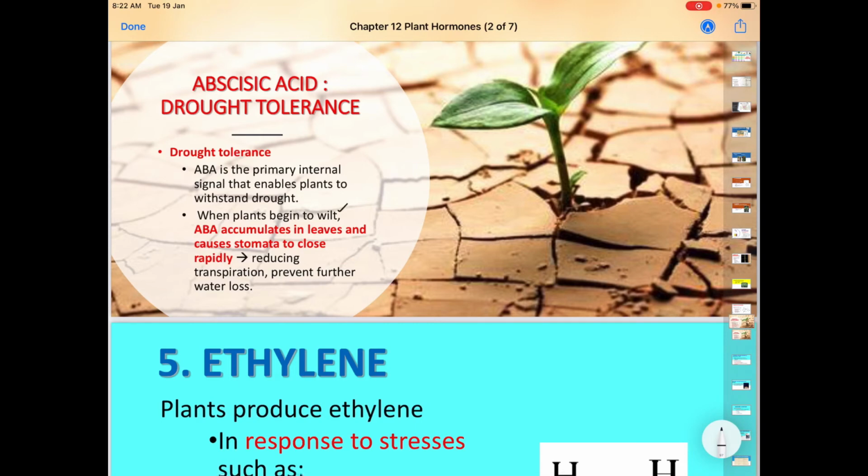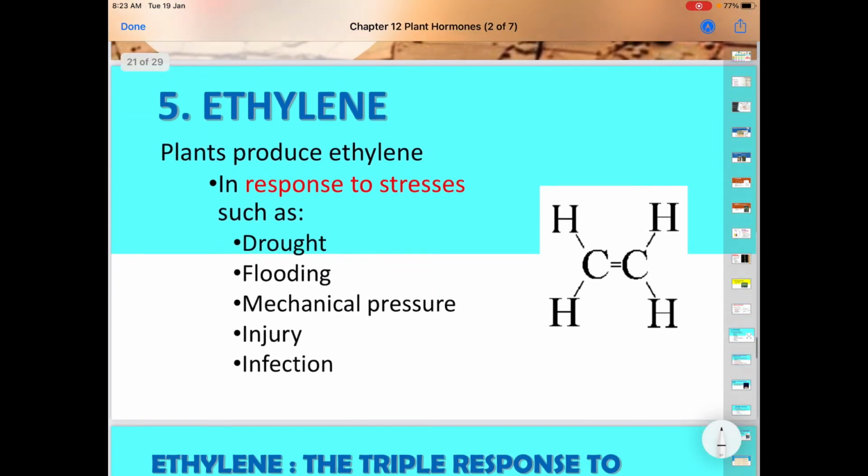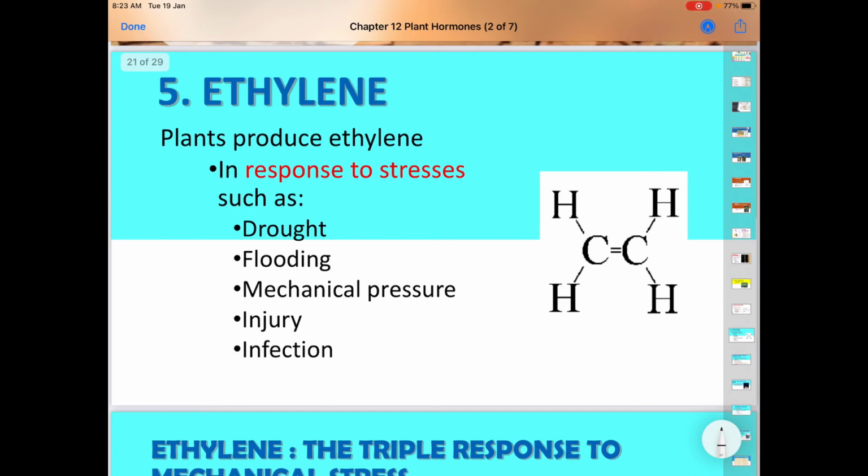When plants begin to wilt, meaning not fresh, the ABA, or abscisic acid, will accumulate in the leaf and cause the stomata to close rapidly, so that no more water will be lost. So this is to prevent further water loss, and the process of transpiration will be reduced. This is another function of abscisic acid during drought season.